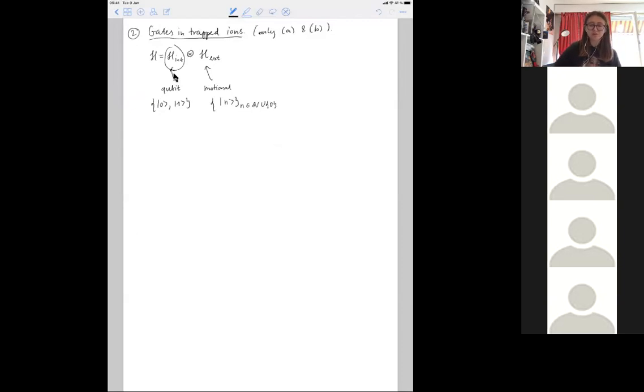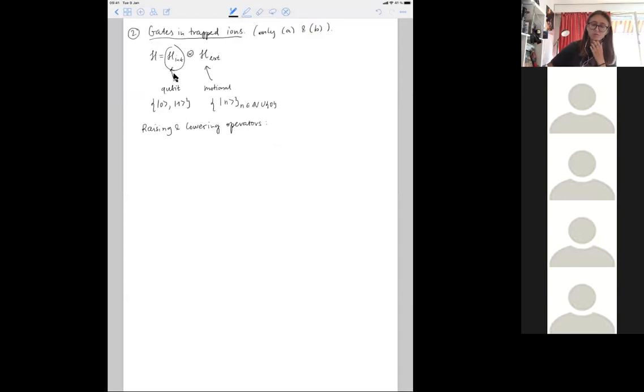To describe these processes, certain operators are introduced, which are called raising and lowering operators. They are just operators which denote going from one basis state to the next one.